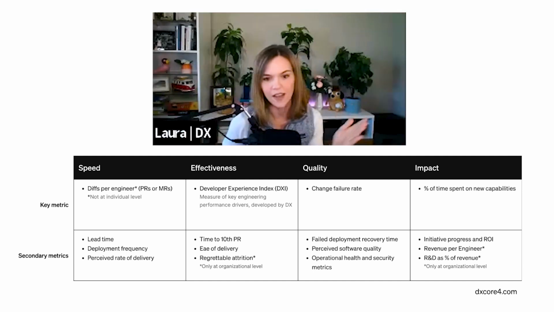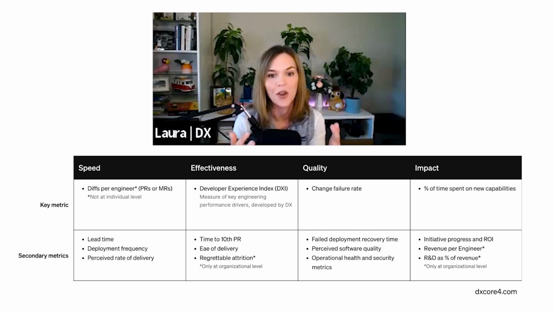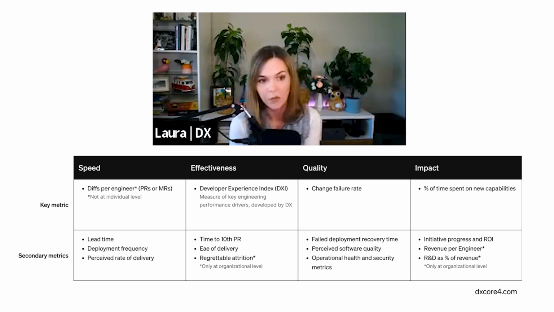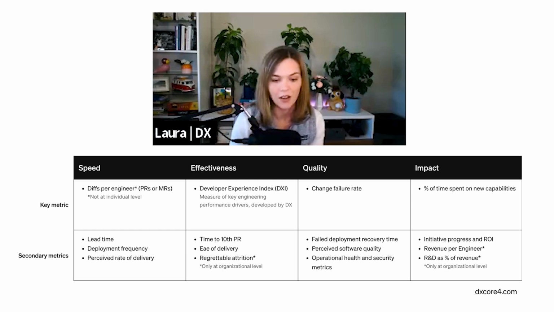So the 30-second version of what the Core 4 is: our answer to the question, what should we measure? We have lots of popular metrics frameworks out there. Some of you are using DORA. We have Space Framework. There's DevEx. And in all of this, engineering leaders are still left to answer the question for themselves, what metric should I actually pick? And so Abi and I, along with some collaboration from other experts in the industry, have put together our recommendation.